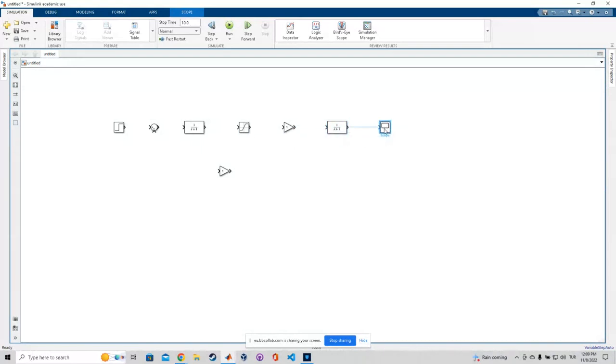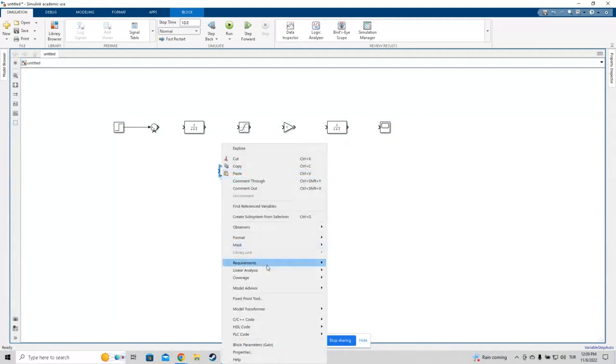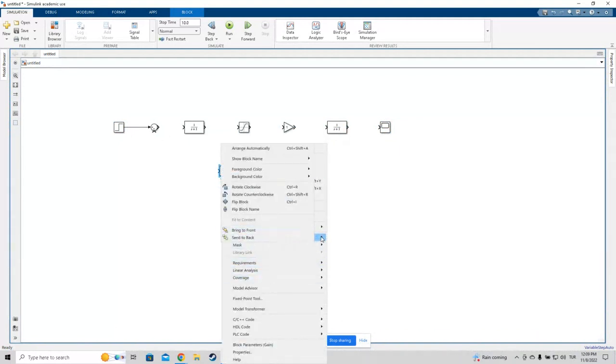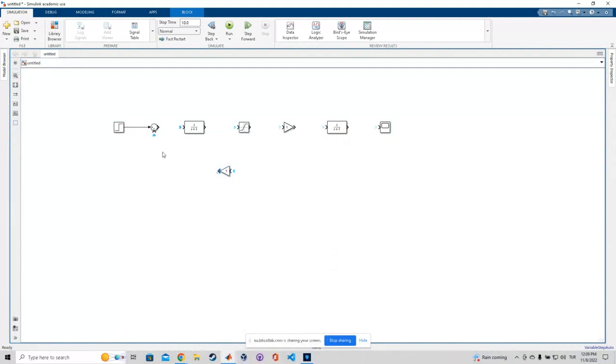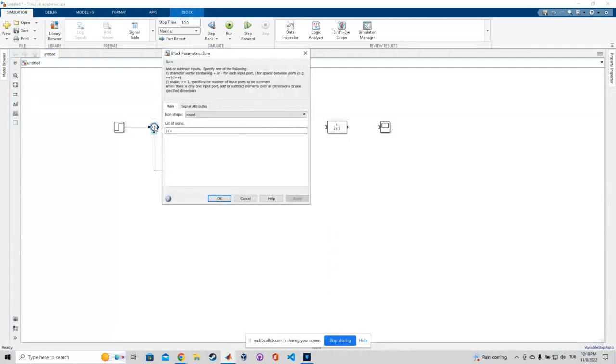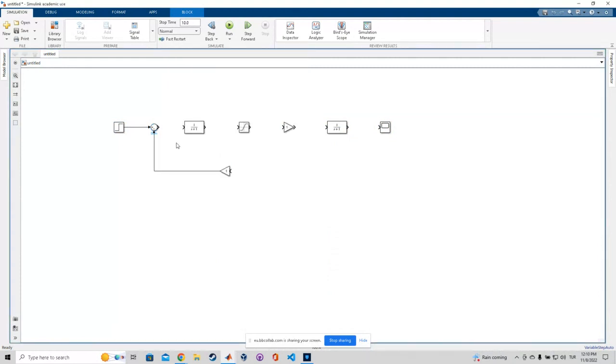Okay, so let's start. First, your step input function will go into the sum product, and we have a gain. So let's just rotate our gain. When you go to format, you set flip block. You can change it and connect it, but this one will be a subtraction. So the second one, you can just double click it and make it the minus, and you convert it to the subtraction.